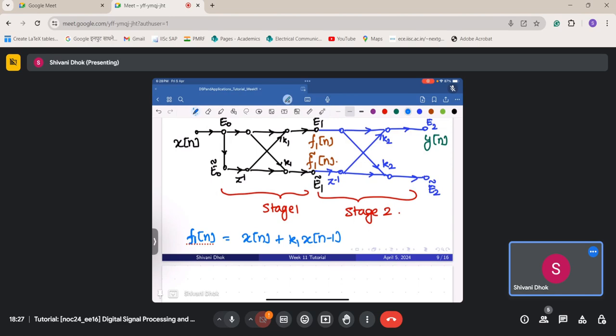Now f1 tilde of n will be equal to x of n minus 1 plus x of n into k1, so this is k1 x of n plus x of n minus 1.